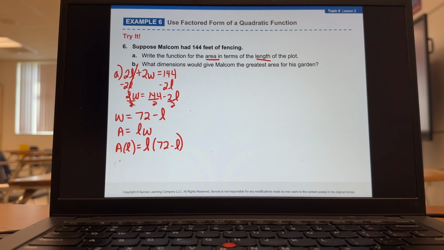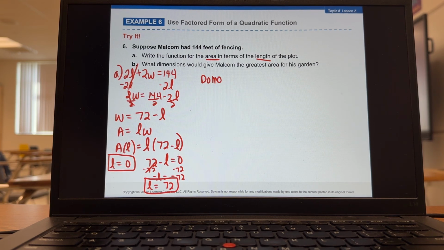So if I want to find my zeros, L equals 0, or 72 minus L equals 0. Subtract 72. Negative L equals negative 72. Divide. So this will touch my x-axis at 0 and at 72.